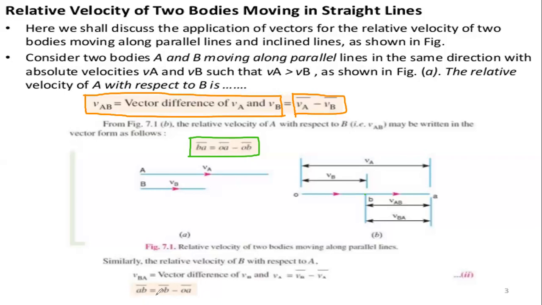So these are the relative conditions for the two velocities: in the first condition, the relative velocity of A with respect to B, and in the second condition, the relative velocity of B with respect to A. These two conditions have two different values, BA bar and AB bar.